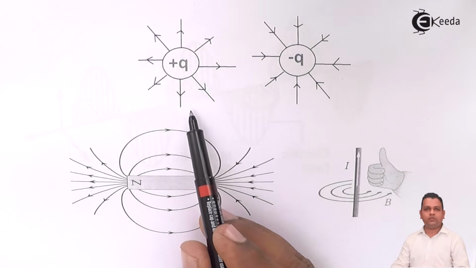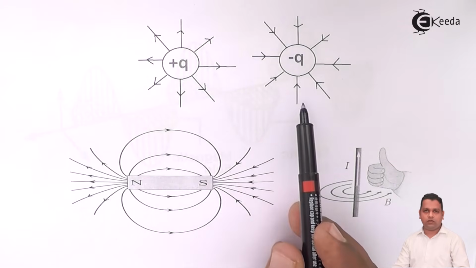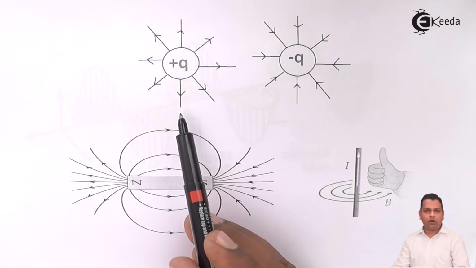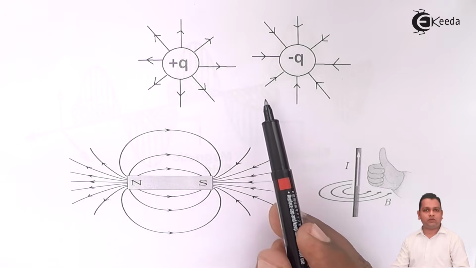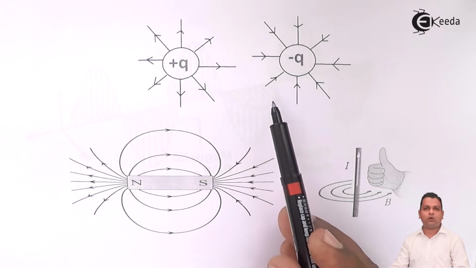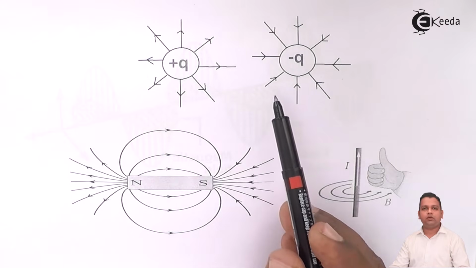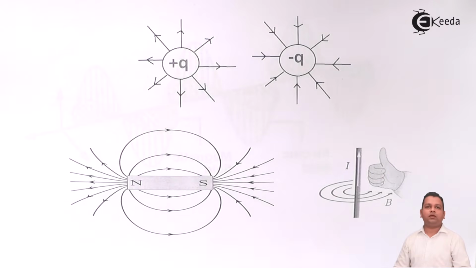In this diagram, we see the two charges denoted by positive Q and negative Q. The lines, which we term electric flux lines, are always going away from the positive charge, whereas in the case of negative charge, these lines are always coming towards it. So a note can be made that the electric flux lines are always generated on positive charge, whereas they end on negative charge. So this is a general understanding of electric field.